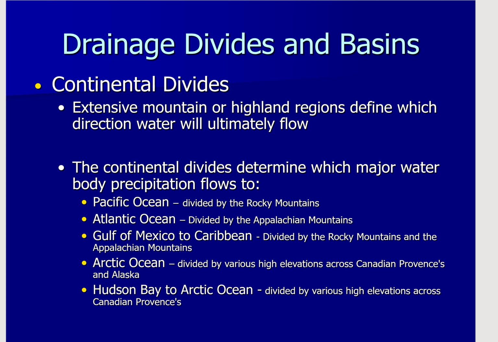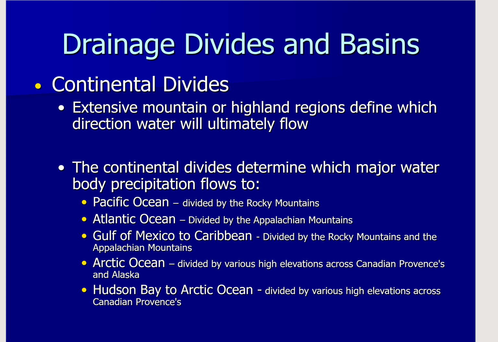If we look on the larger scale of things, where the entire drainage basin for a continent occurs, we talk about continental divides. And these are extensive mountain or highland regions which direct which way a collective volume of water that has fallen to the earth is eventually going to flow.